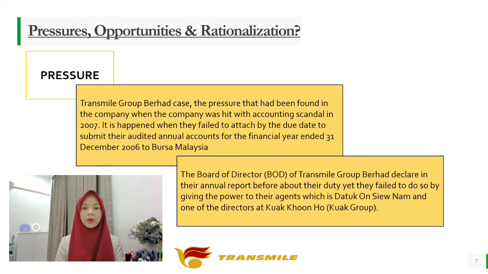It happened when they failed to submit by the due date their audited annual accounts for the financial year ended 31st December 2006 to Bursa Malaysia. But then it became unpleasant when their external auditor, Deloitte and Touche, decided to decline approval of the annual accounts due to a lack of some supporting documents.